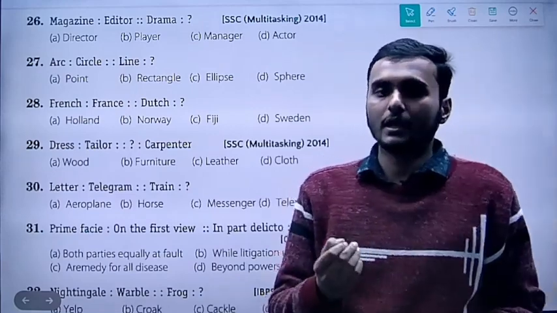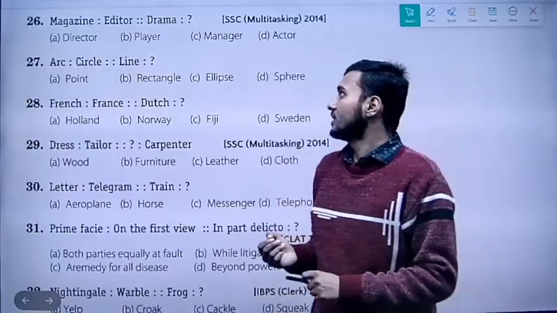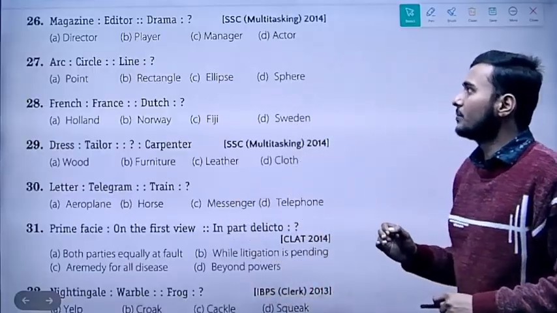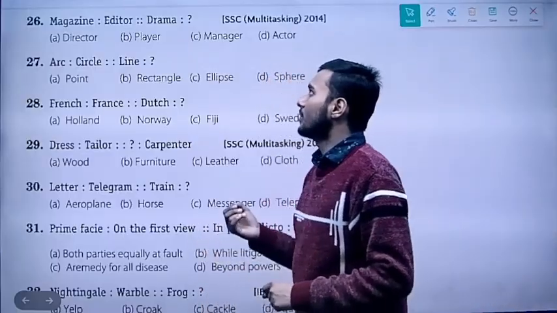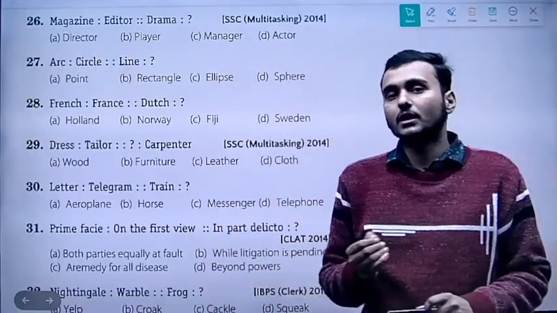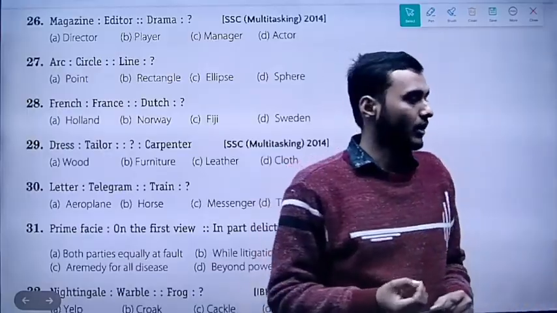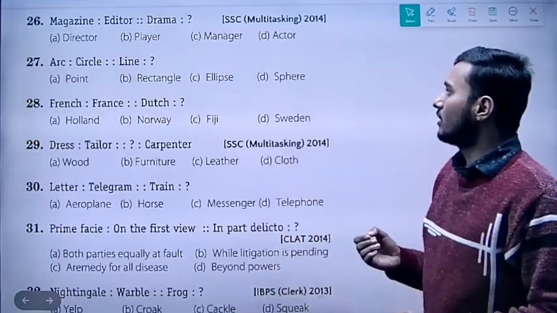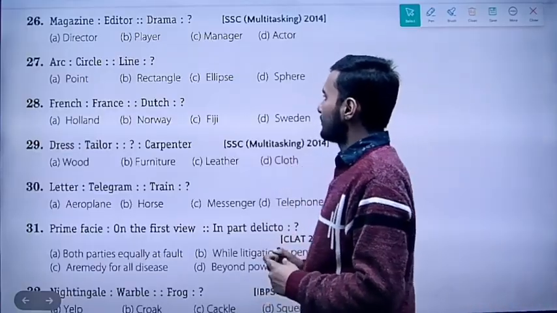They look at each and every passage written in the magazine. In the same way, drama is to director. Why? Because the director gives all the final touches, all the final looks, to how a drama should be played. Option A, director.